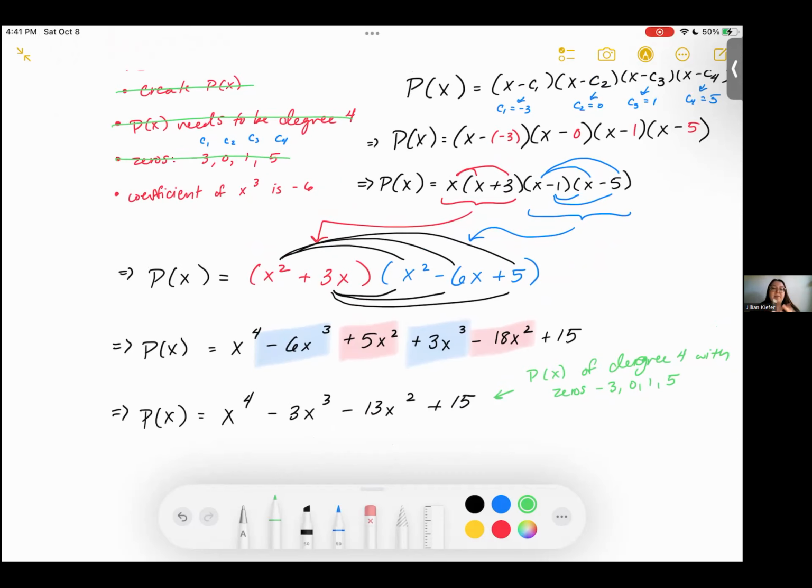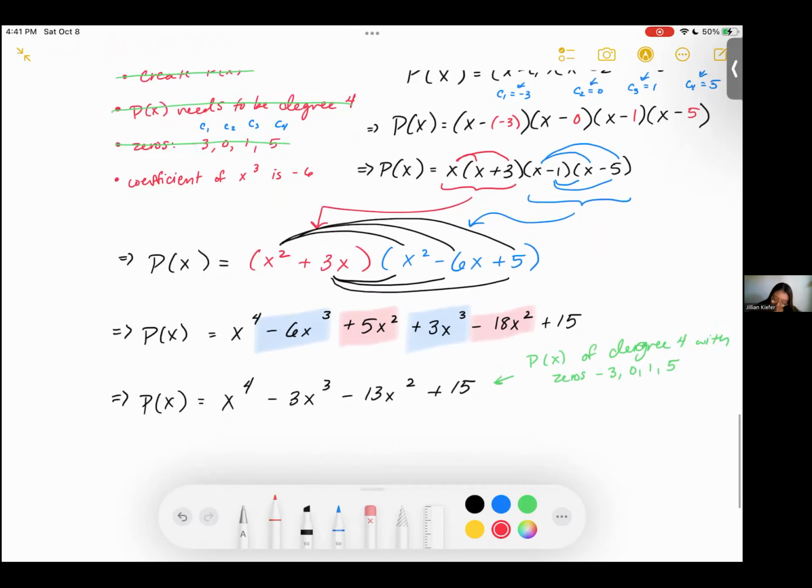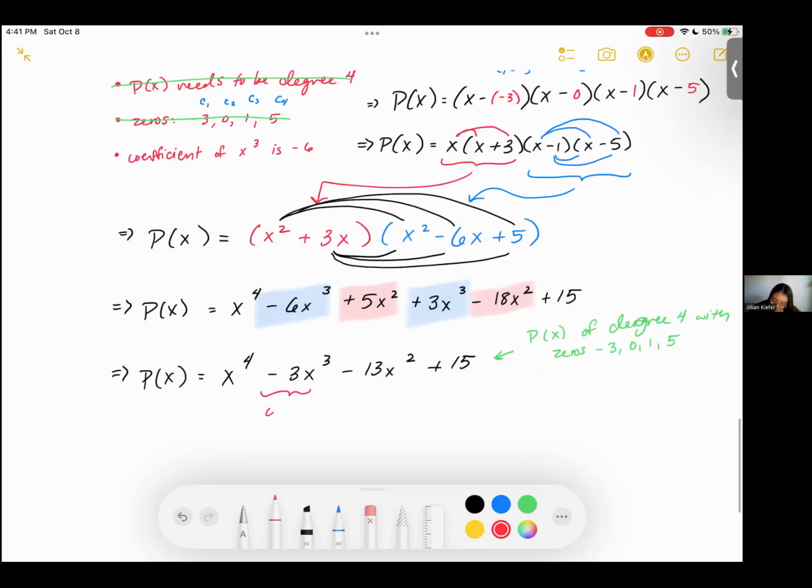Now the last requirement is that we want the coefficient of x cubed to be negative 6. And as it stands right now, the coefficient of x cubed is negative 3. Well, we want it to be negative 6.